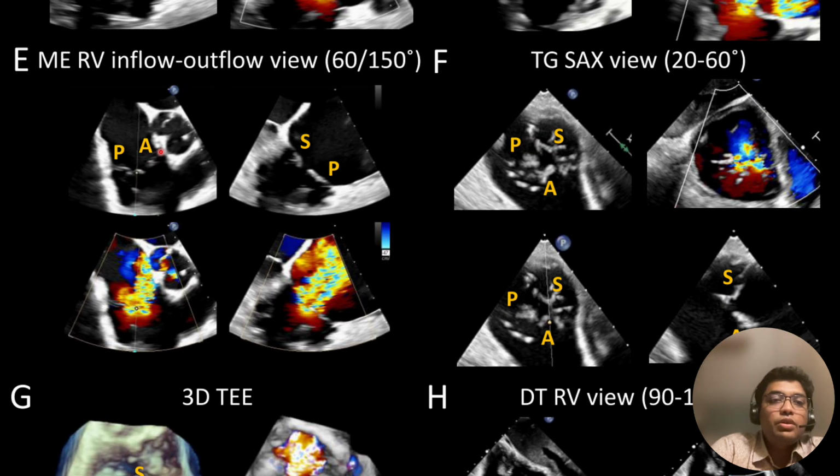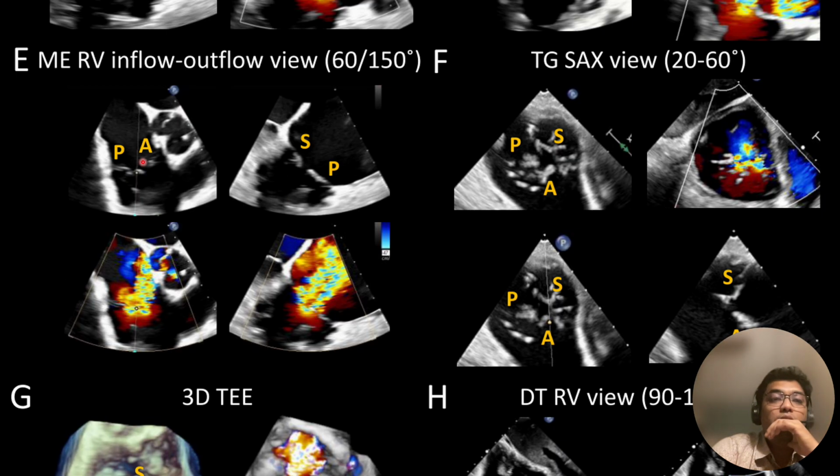So the leaflet nearer to your aortic valve is usually the anterior leaflet, and another one is your posterior leaflet.